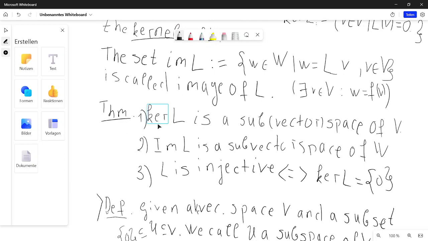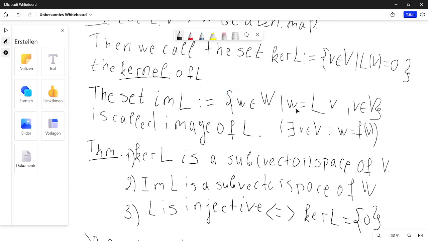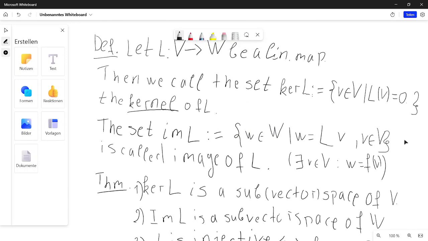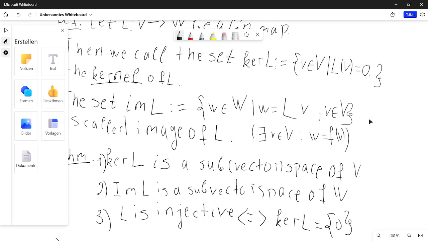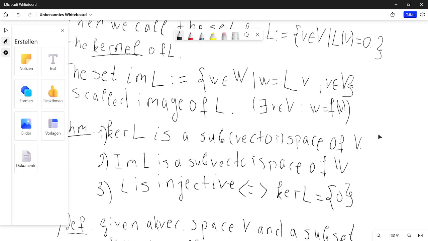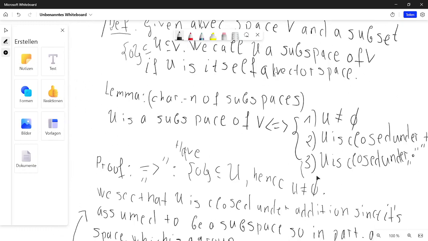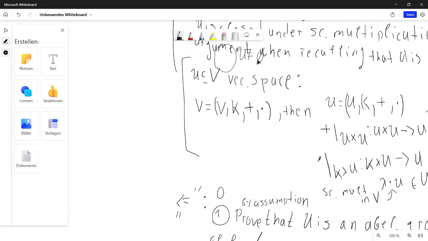Recall the image is just the image taken pointwise, for all v in V. The image of each element in V is taken into the image of L. And the kernel was just the set of all vectors in V such that L maps v to 0 in W.